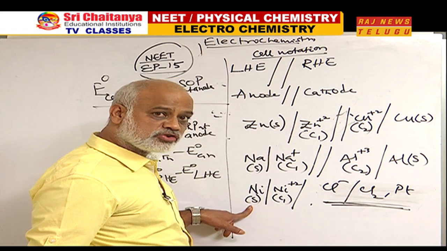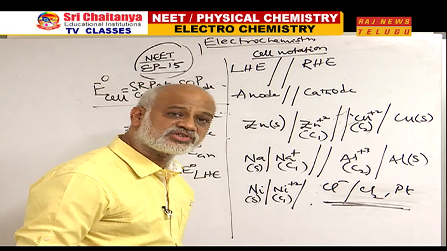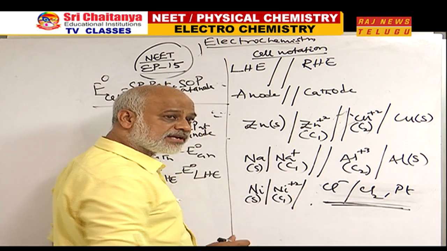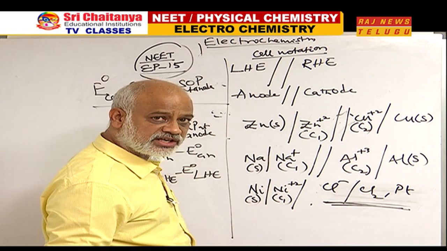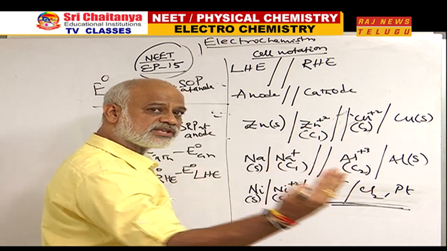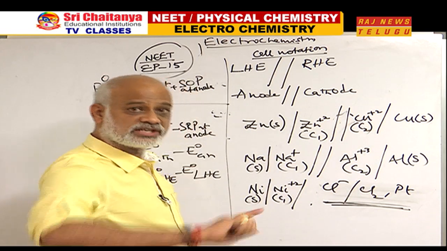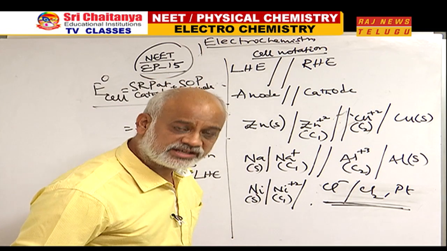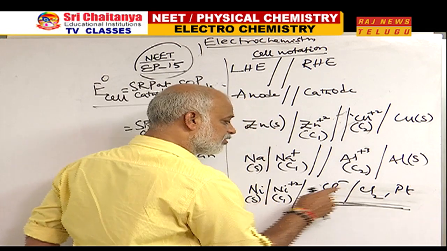There is no issue when metals are being used, the only issue comes when a non-metal is used. Since the non-metal electrode is acting like the cathode, and at the cathode reduction should occur, it should be Cl2 Cl minus. While writing Cl2 Cl minus, the problem is that platinum would come inside the cell notation, which is not a correct convention. To write platinum at the extreme right, what did I do?